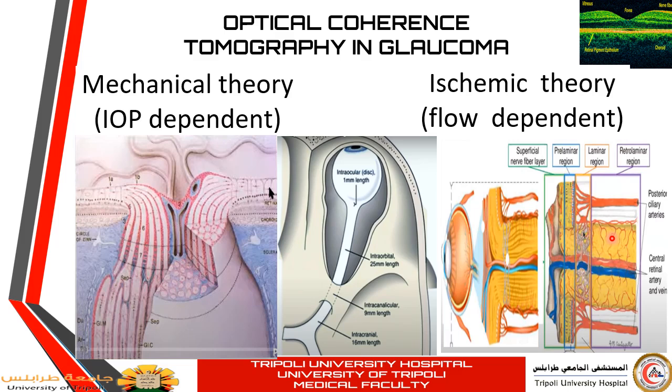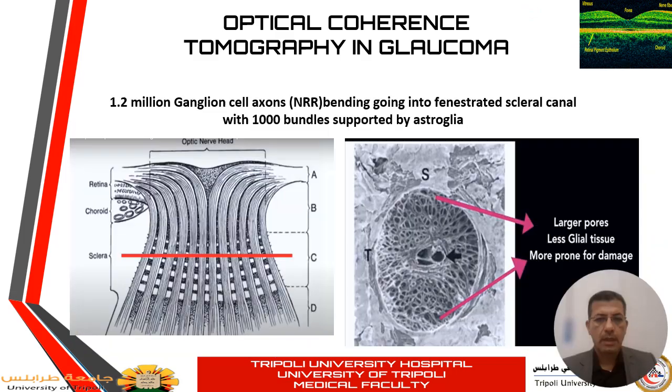So we have two theories, the mechanical and the ischemic theory, that explain the mechanism of glaucomatous damage in the optic nerve. Now, in continuation of the mechanical theory, this is the portion of the optic nerve. If we have a cross-section of the optic nerve, that's the intraocular part.